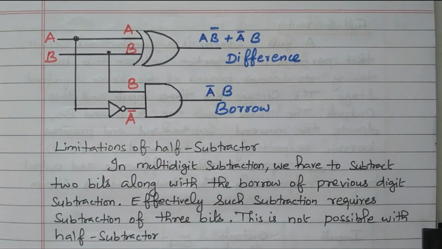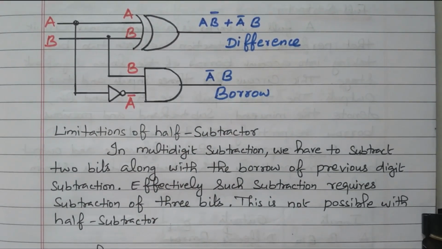Now we will see some of the limitations of the half subtractor. In multi-digit subtraction, we have to subtract the 2 bits along with the borrow. So while subtracting, the borrow is available. So definitely we need to take account of borrow, right? So 2 bits along with the borrow is the practically available subtraction.